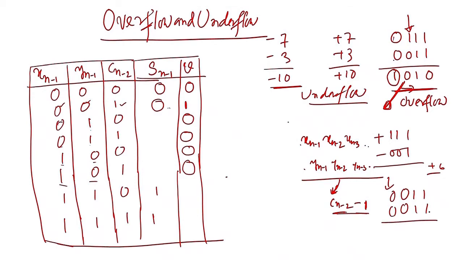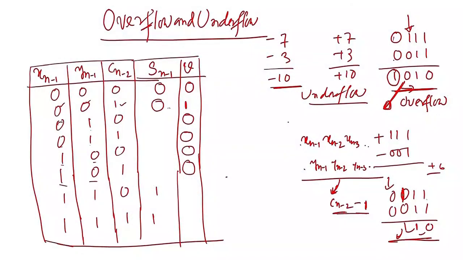Now you get 1 1 0. There is a carry out bit at this position, 1 1 1, there is 1. But this is not an overflow, because from this position C n minus 2 is not 1, it is 0. So in that case there will not be any overflow. But if in this position this is 1 1, obviously there will be overflow at this position, and C n minus 2 will be 1. So if we add two numbers and C n minus 2 is 1, then there is an overflow.